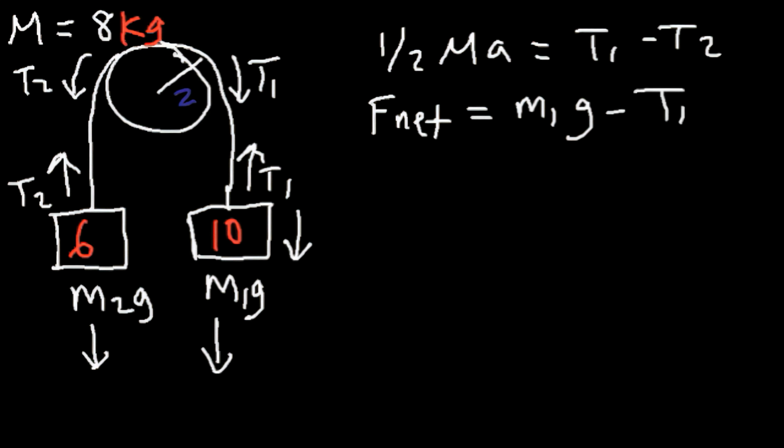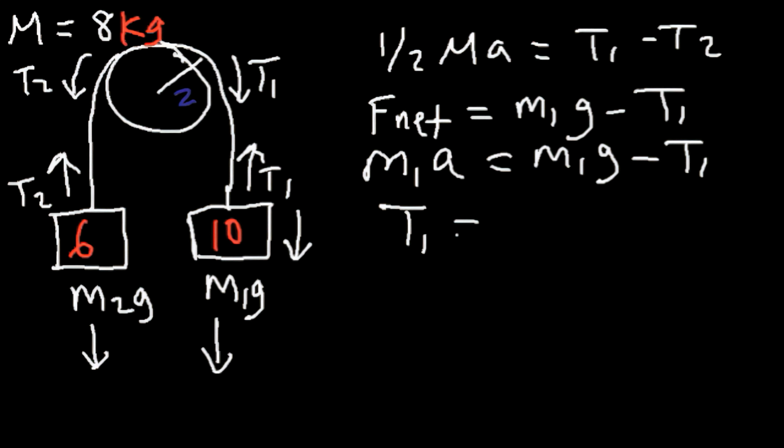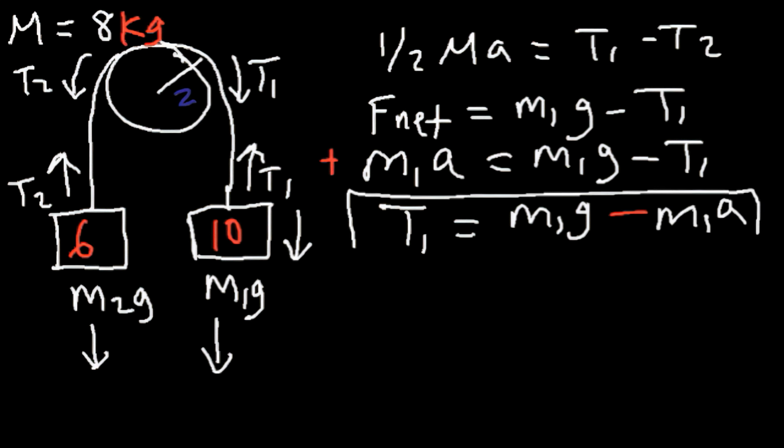Now the net force is equal to m1a. That's the net force in block 1 according to Newton's second law. So if we solve for T1, we need to move T1 from the right side to the left side, so it's going to change from negative to positive. And we're going to move positive m1a from the left to the right, so it's going to be negative on the right side. So this is the expression for T1.